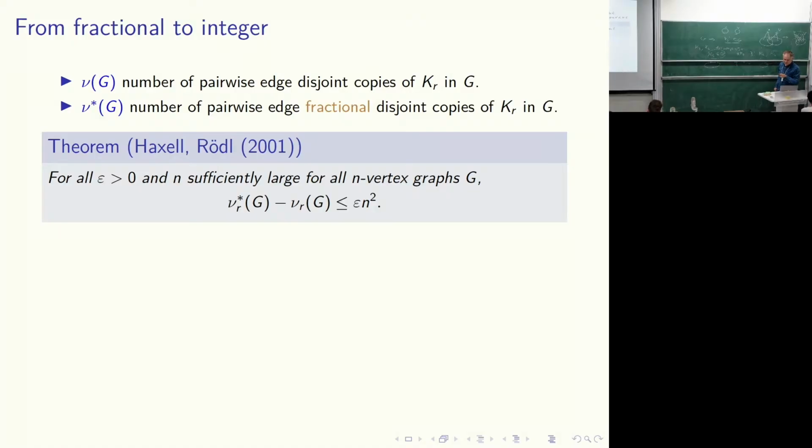So it means that if we solve our problems for the fractional setup, then we don't lose more than the error term. So that's one of the main reasons that in our results we have the little o(1) error term.